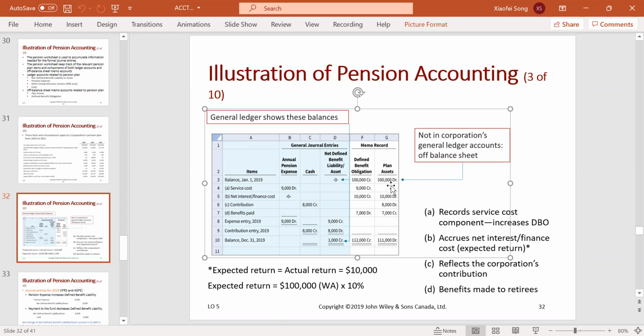Each item would affect these accounts in such a way that it is as if there is a quasi journal entry, because it doesn't matter where the account is. Eventually, your balance sheet has to balance. Total debit and total credit have to be the same, right?